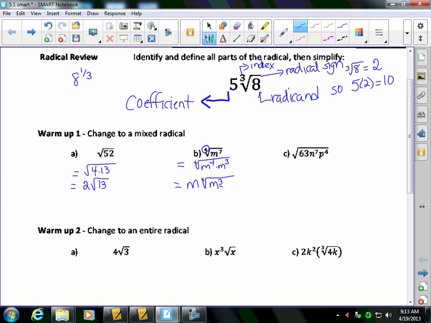Okay, C, square root of 63 n to the 7 p to the 4. So square root of 63, well, 63 is not a perfect square, but there is a perfect square factor in it. Right, 9 times 7 will give me 63.